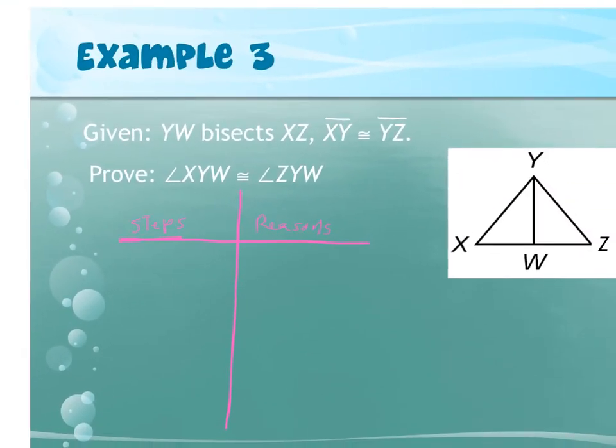What's our first step going to be? In the proofs we were doing before, what do we always write first as step 1? The given. So step 1 is YW bisects XZ, and our reason is given.